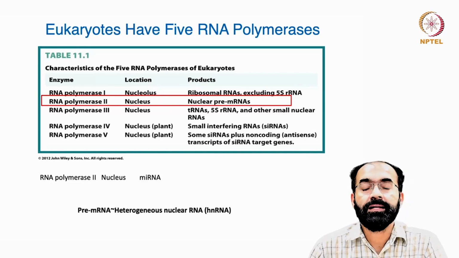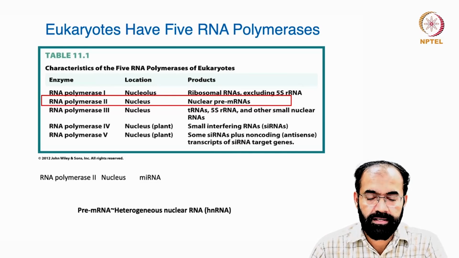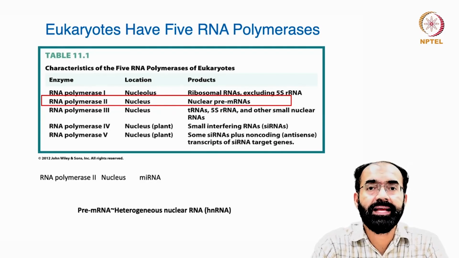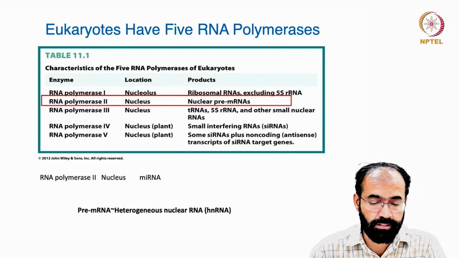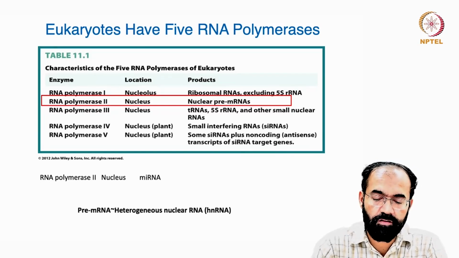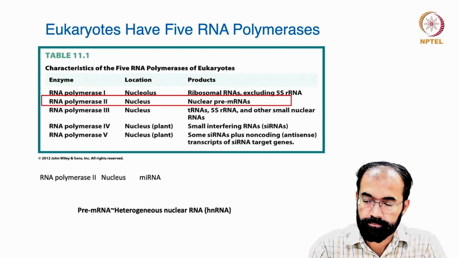You can never see a nucleolus lighter in stain. It is because the ribosomal RNA production is quite high in the nucleolus, because of which there will always be an intense staining.